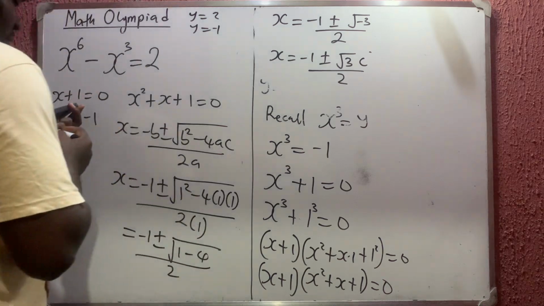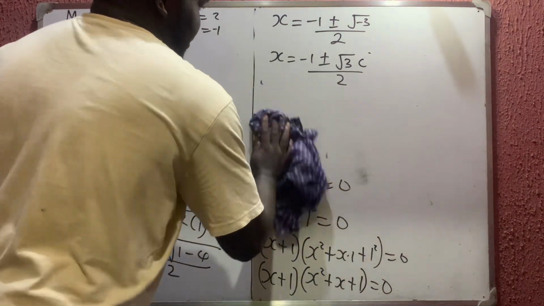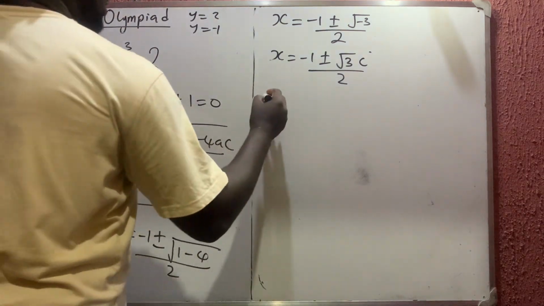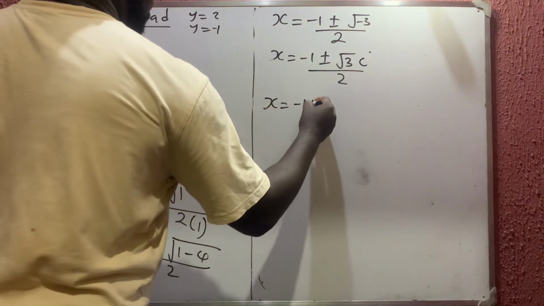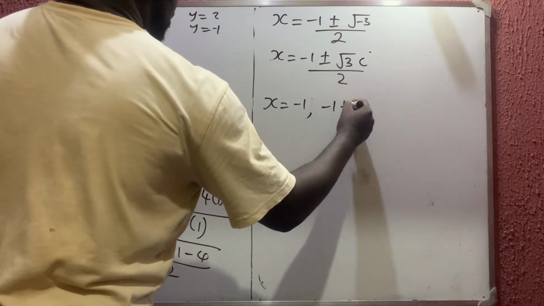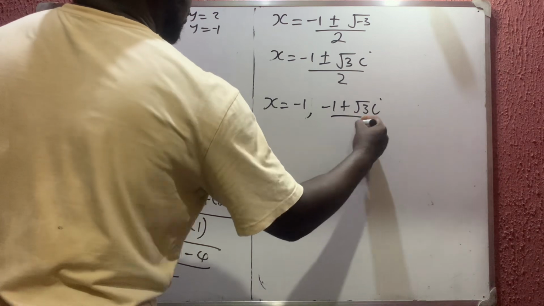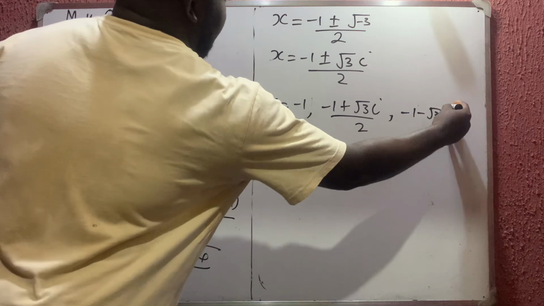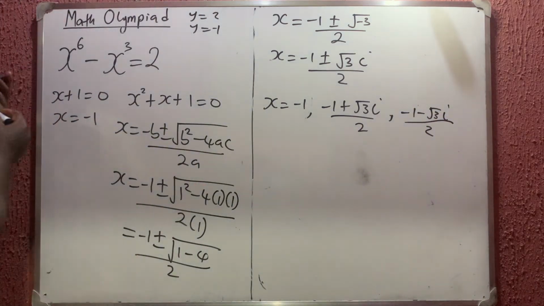Okay, so the three answers we have for the first case are that x is equal to -1, -1 plus the square root of 3i over 2, and -1 minus the square root of 3i over 2. So this is the first case.